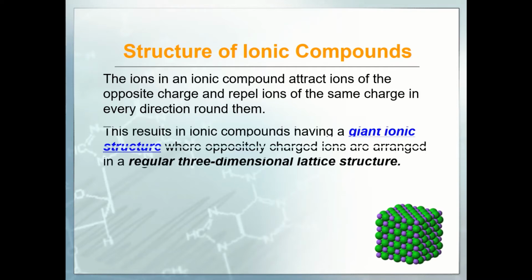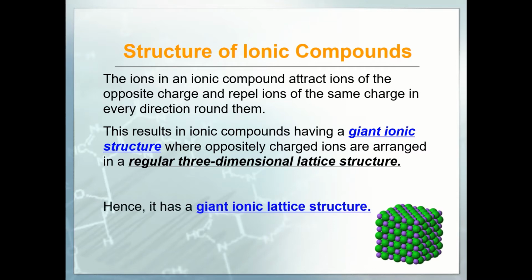So an ionic compound also has a giant ionic lattice structure, in which oppositely charged ions are arranged in a regular three-dimensional lattice.